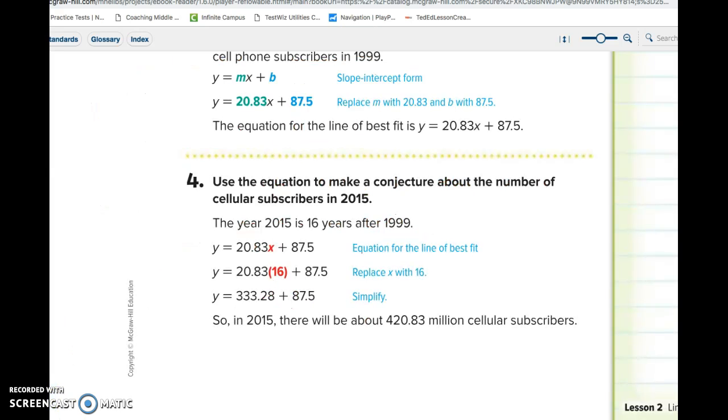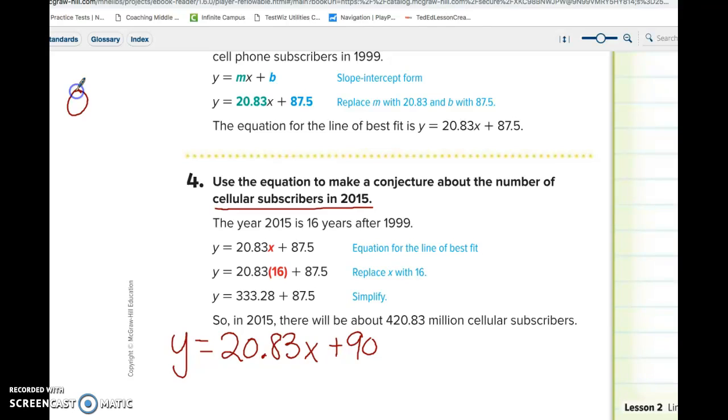Okay, so actually putting this into our equation, it says use the equation to make a conjecture about the number of cellular subscribers in 2015. So that is the question part, and that is where our x value is going to be found. First of all, our equation that we wrote was y equals 20.83 x plus 90, right? So to find our x value, we started with what year again?